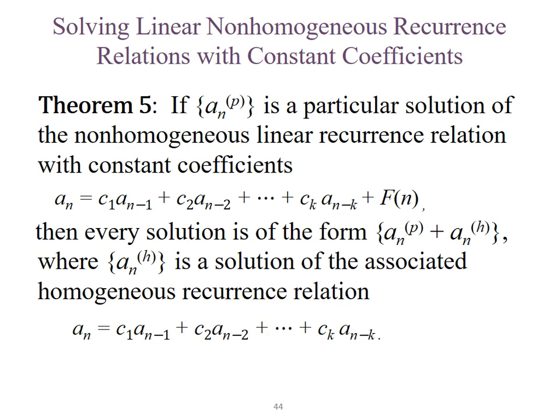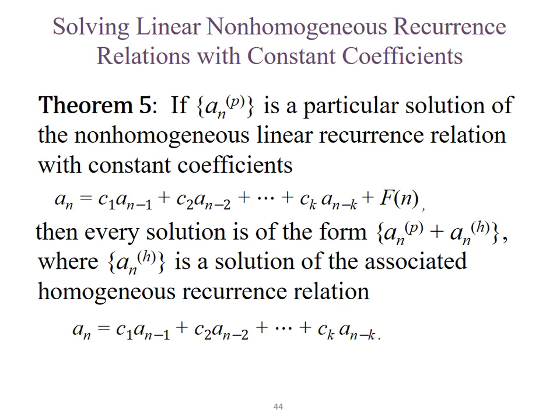We can consider a_n as two different parts, the homogeneous part and the non-homogeneous part. So we can separate our solution into a particular solution for f(n) and the solution a_n^(h) for the associated homogeneous recurrence relation.